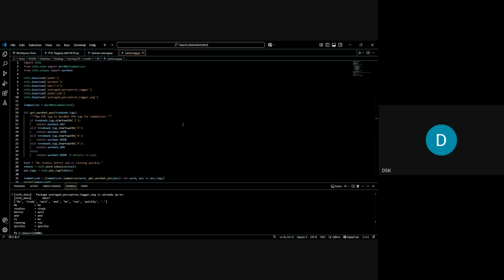In this, the required resources would be Punkt, that is required for tokenization, and WordNet. The averaged perceptron tagger is also required, for POS tagging like noun, verb, etc. WordNet is also required for lemmatization using the WordNet lemmatizer.